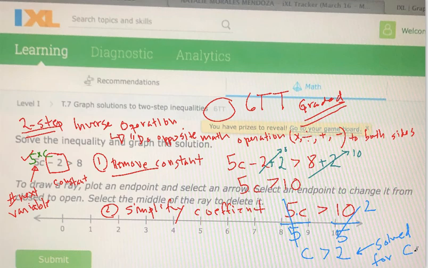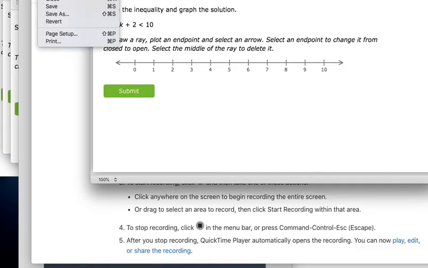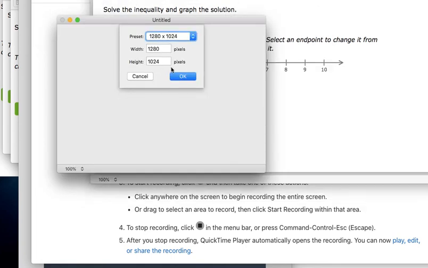Now, you have to do something else because it's asking you to graph this solution on a number line. So remember, you've simplified it and you've solved for c. So you've got c is greater than 2. I'm going to close this one out, and I'm going to reopen it and show you how to actually graph it now.